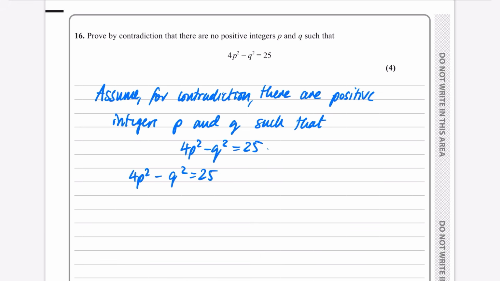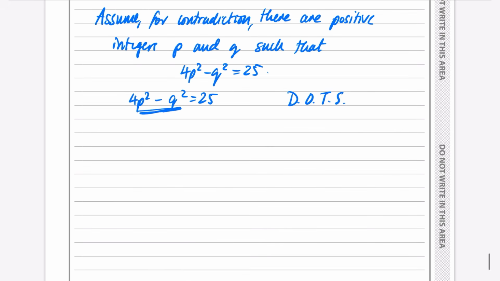When I look at the left-hand side, I immediately think of the difference of 2 squares, and that's the only thing you can really do here, so just do it. So it's going to be (2p plus q)(2p minus q) equals 25.